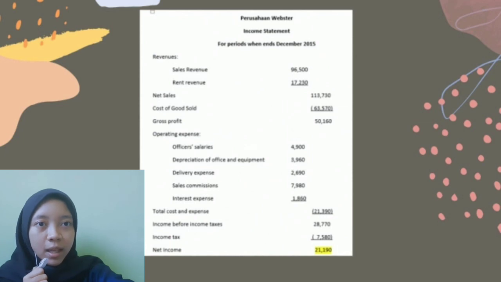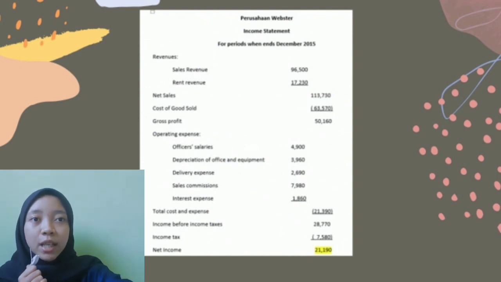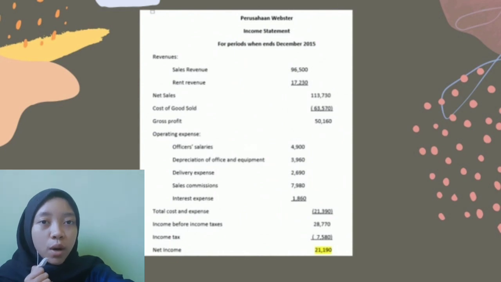130,730. And then cost of goods sold. Cost of goods sold from the question is 63,750. Net sales minus cost of goods sold is gross profit. So the gross profit is 50,160.